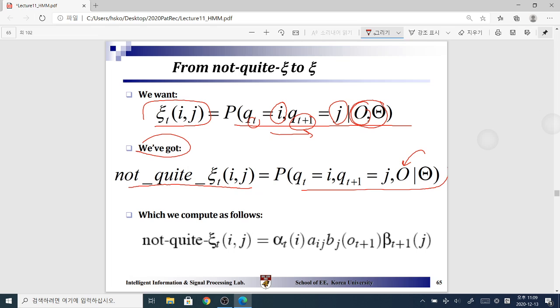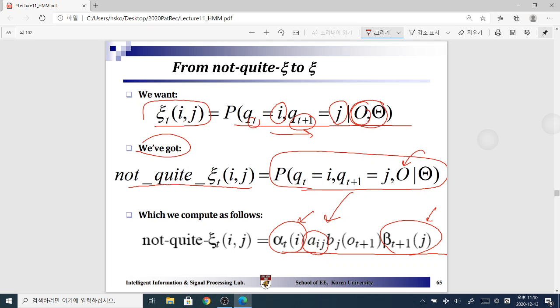This, as shown by the previous slide, can be computed as the product of alpha sub t of i, which is the forward algorithm, multiplied by beta sub t plus 1 of j, which is the backward algorithm, and then multiplied by a sub ij as well as b sub j of o t plus 1.